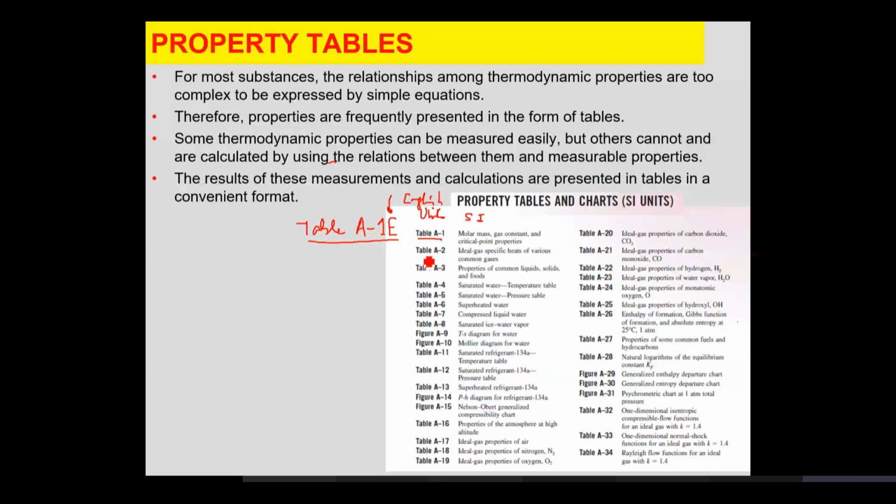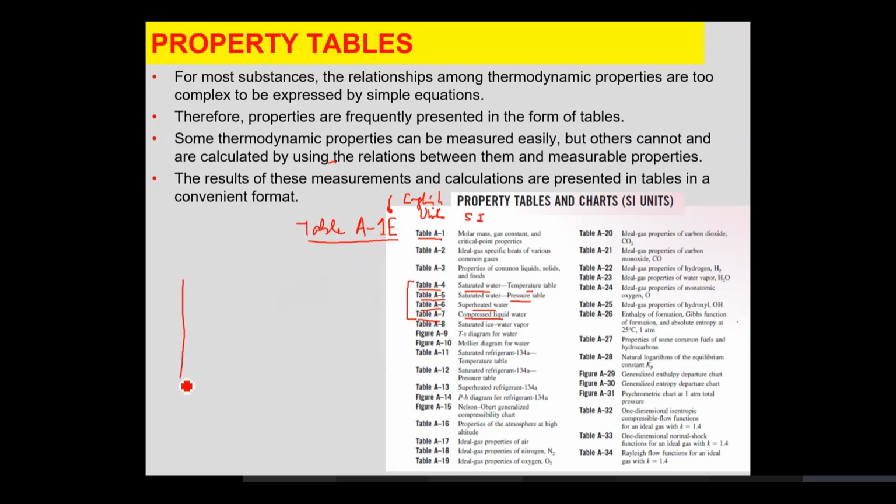Coming to the tables, the important tables from your point of view include table A4, A5, A6, A7. They are basically dealing with the saturated water temperature table, saturated water pressure table, superheated water, and compressed liquid water. So they are known as steam tables or water tables, in which you have all the three regions defined for you.